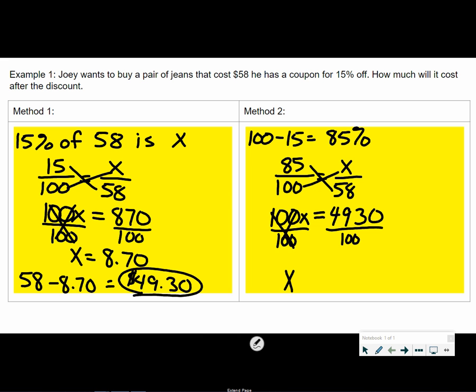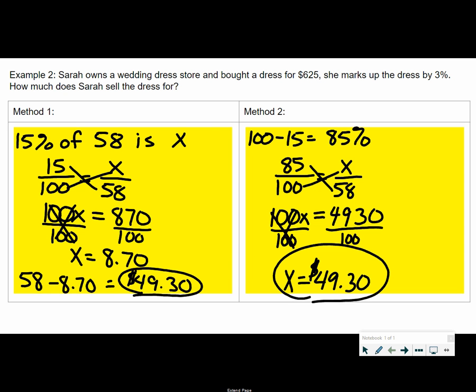So X still equals $49.30. Method number 2 gets you there a little faster. It's easier to subtract from 100 than to subtract from 58. But if the question asked what the discount was and then what the final price was, method 1 might be the better option.